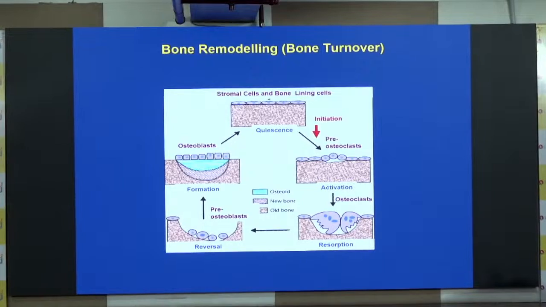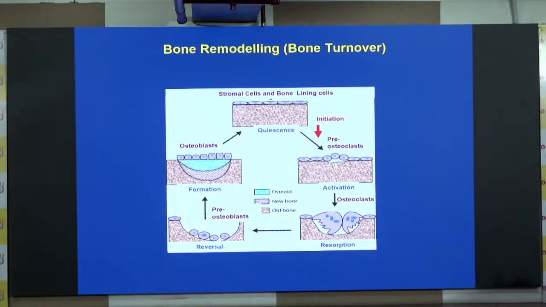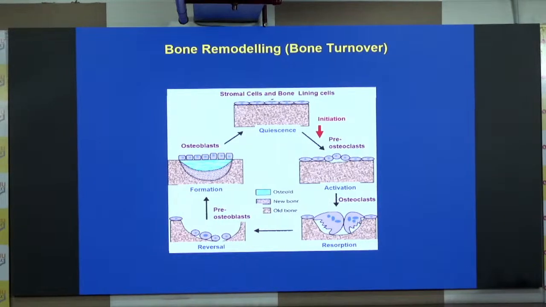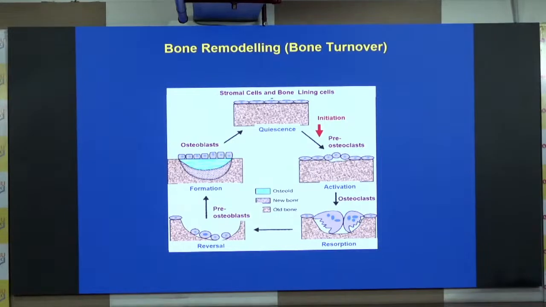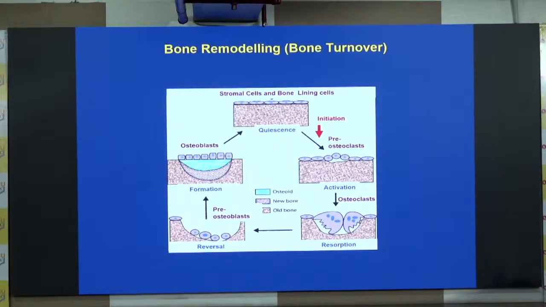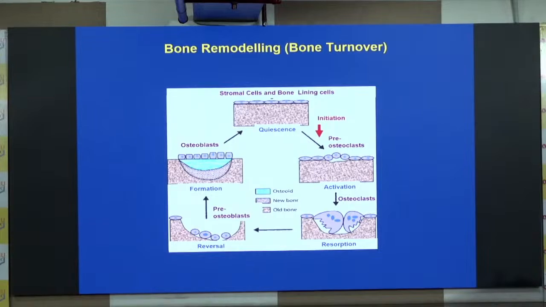They'll be activated to multinucleated osteoclasts, which will then resorb the bone. The osteoclasts will undergo apoptosis, and the process is reversed with osteoblast precursors migrating into the resorption area and being differentiated into osteoblasts. The osteoblasts lay down new bone, which is called osteoid, and the osteoid can then be mineralized to new bone and then eventually become more mature bone.